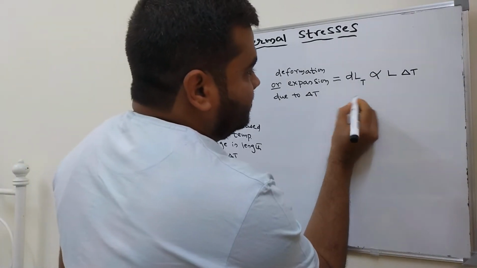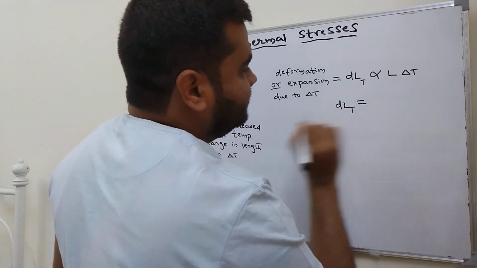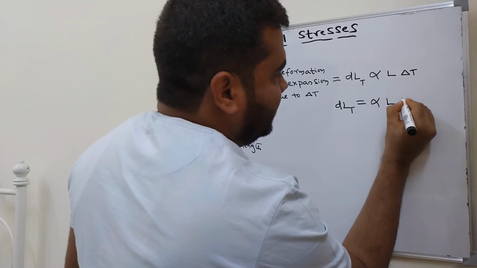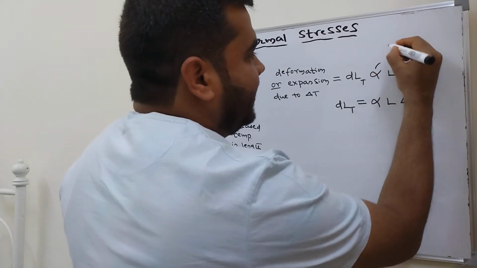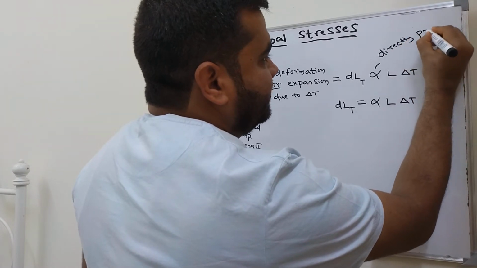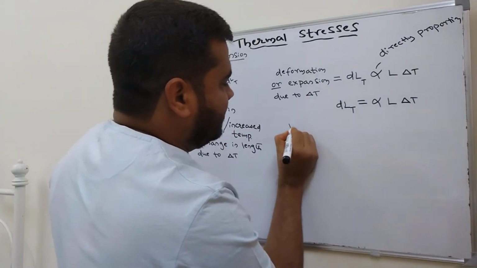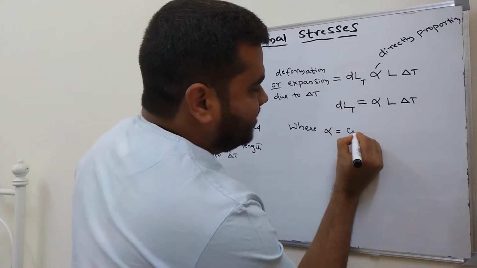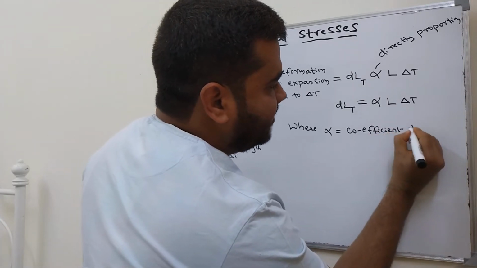So if I remove the proportionality constant, deformation due to change in temperature equals alpha into length into delta T. This is where alpha is called the coefficient of expansion, the coefficient of thermal expansion.